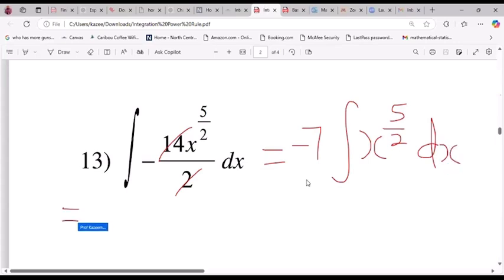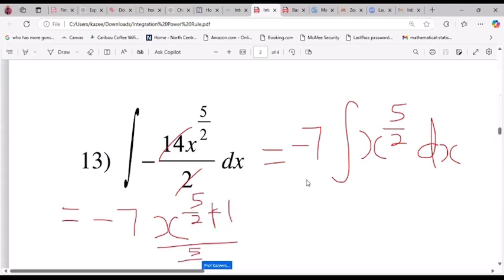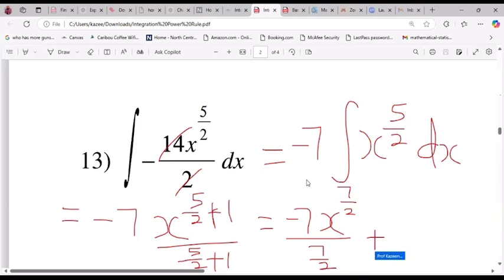So you're gonna have negative 7 x to the power 5 over 2 plus 1 divided by 5 over 2 plus 1. Which is, 5 over 2 plus 1, I think it's 7 over 2. Okay, it's gonna be 7 over 2 divided by 7 over 2 plus constant.